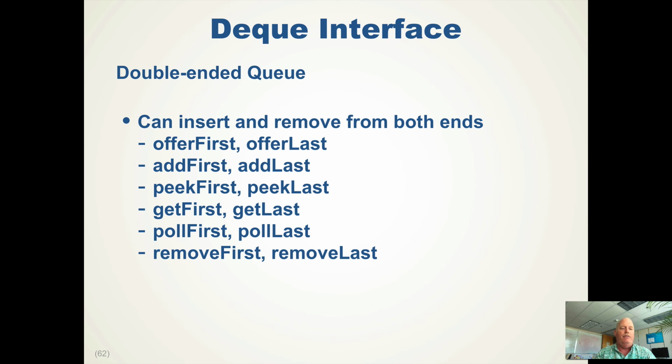So you have an offerFirst, offerLast, addFirst, addLast, peekFirst, peekLast, and instead of element first, element last, it's getFirst, getLast. You have your pollFirst, pollLast, and you removeFirst, and you removeLast. Again, the offer, peek, and poll return special values, whereas the add, get, and remove throw exceptions.